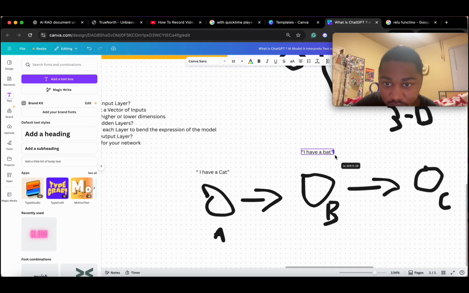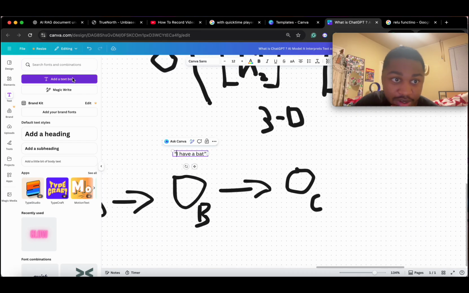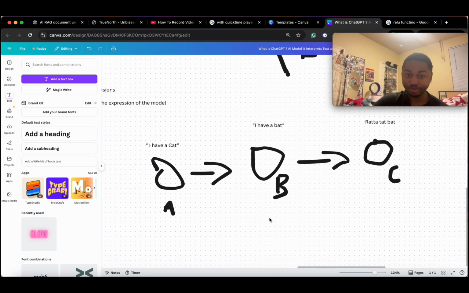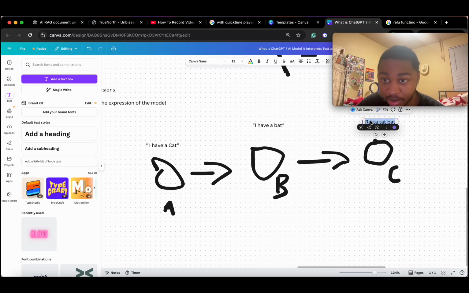To, I don't know, rat-a-tat-tat, or rat-a-tat bat. Like, what? But just as an example, right? You had original information, but as that information transformed over time, it became something almost unrecognizable from the input.